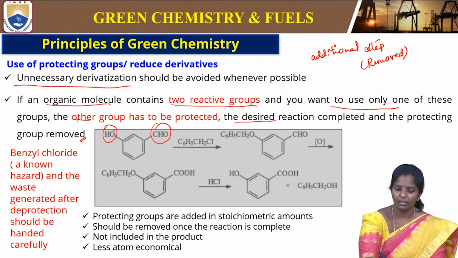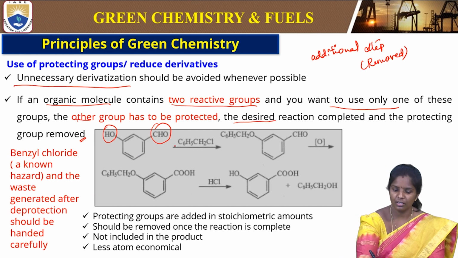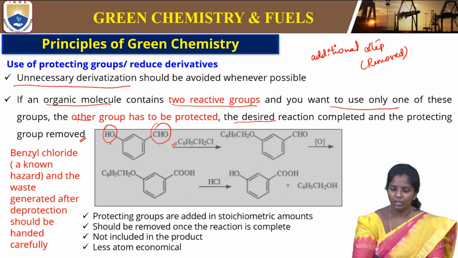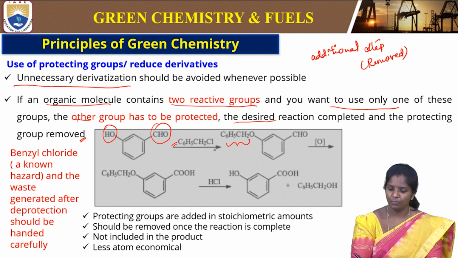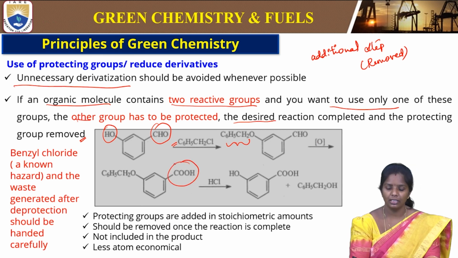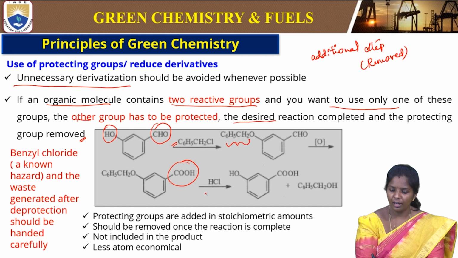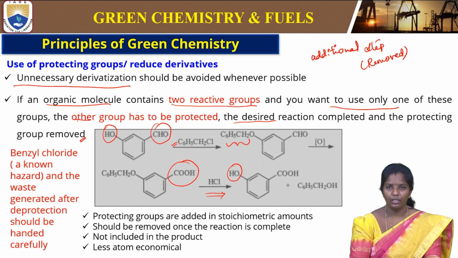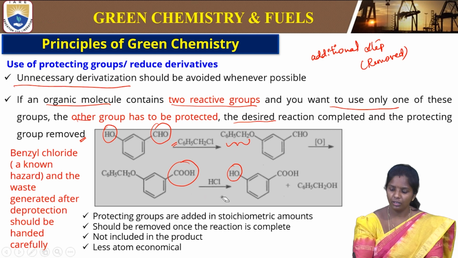In this case, the hydroxyl group and the aldehyde group are attached. Benzyl chloride is used, so that it goes and attaches to the hydroxyl end, and this group is protected. Now on oxidation, what happens? It forms a carboxylic acid group. After an acidic medium, it forms OH again, again producing some byproduct.